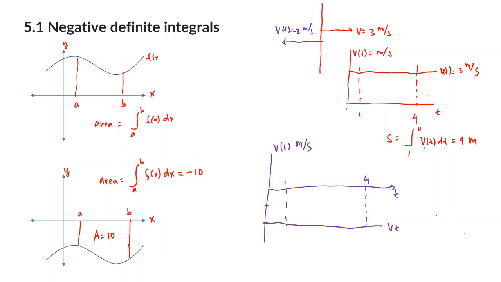So the distance achieved is s equal to the integral from 1 to 4 of v(t) dt, equal to the area under the curve, which is 4 times minus 2, so it's minus 8. Why is it minus 8? Because the movement is backward, so you have a negative distance.